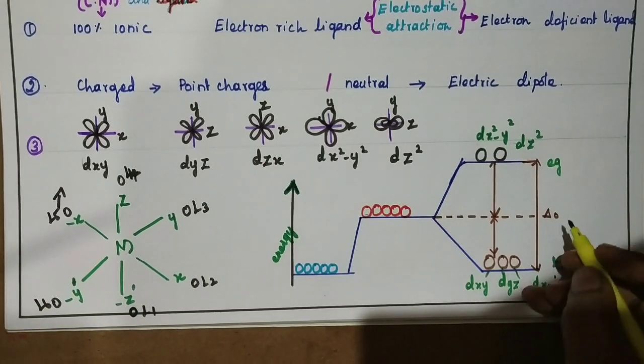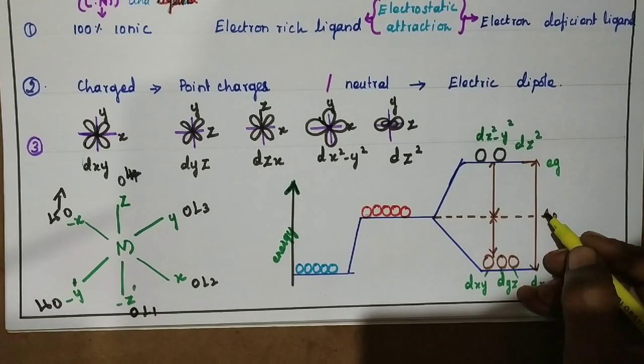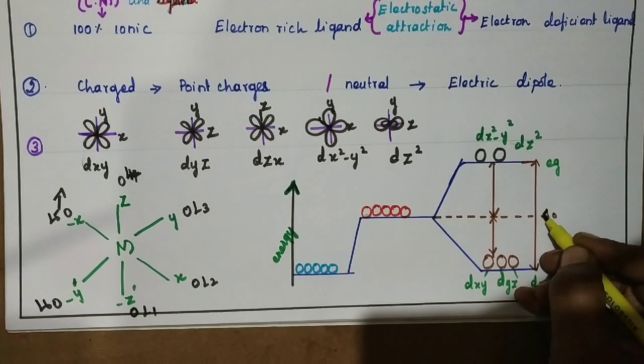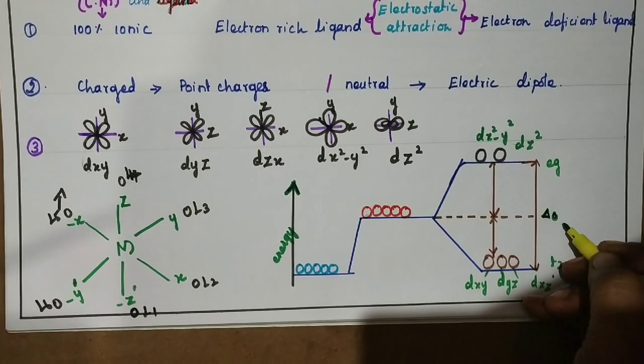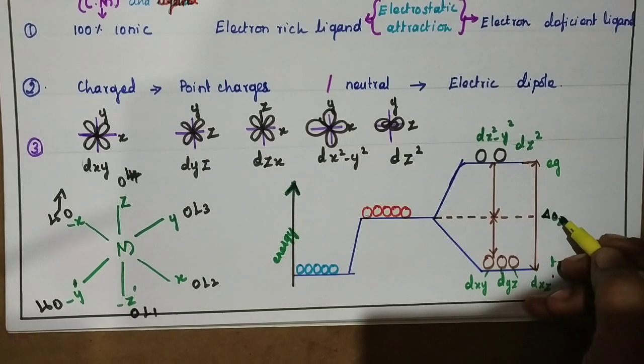Delta O, where O means octahedral, represents the crystal field splitting energy in the octahedral field.